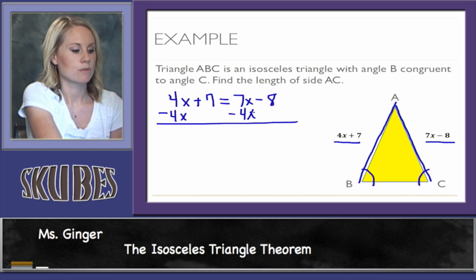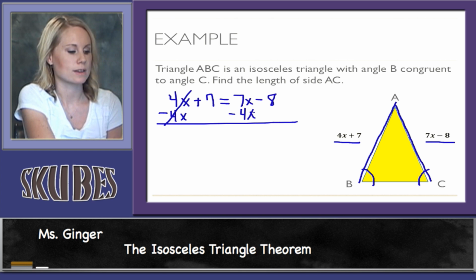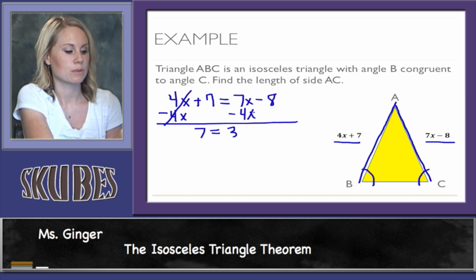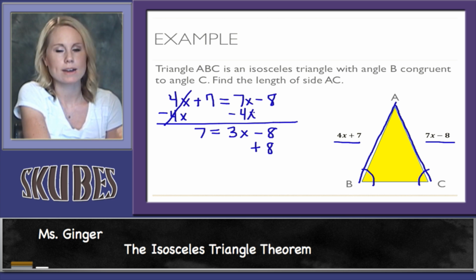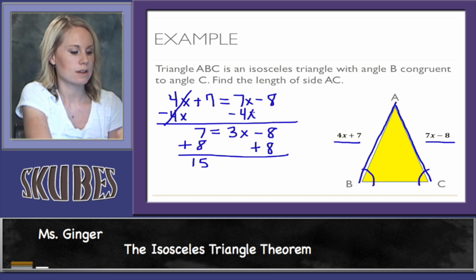So right now I'm going to move over this 4x term to the right hand side here by subtracting it. And I'm going to rewrite what I have. 7x minus 4x is going to be 3x. Okay, I need to now move away my minus 8, so I'm going to add 8, the opposite. Alright, working towards getting that x by itself.